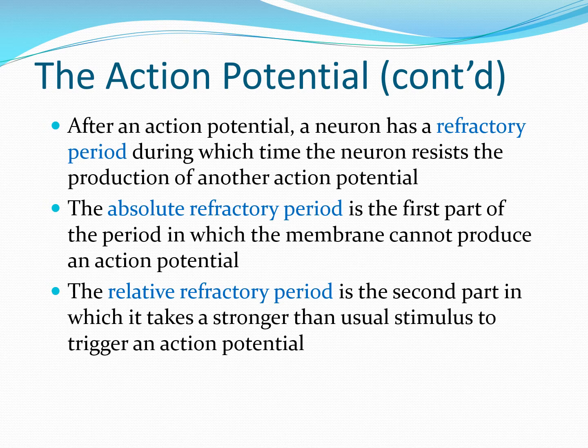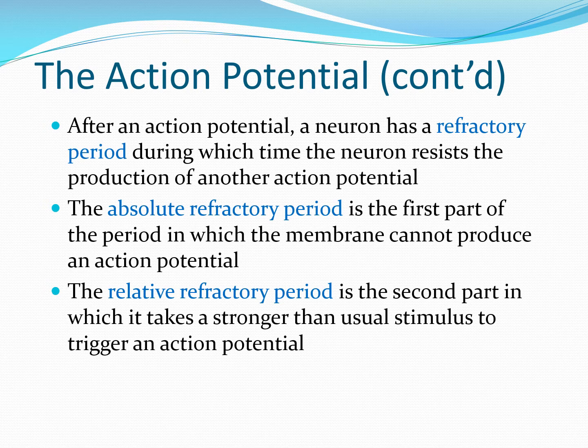And it does have an absolute refractory period and a relative refractory period, where the absolute refractory period is this first part of the period where the membrane really cannot produce another action potential. Those sodium channels have shut and they need to stay shut for some amount of time.